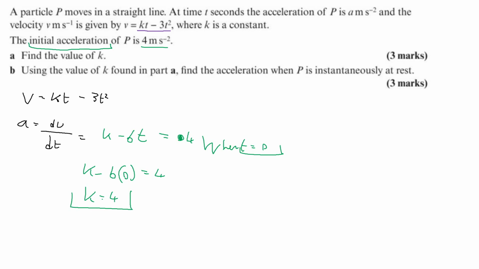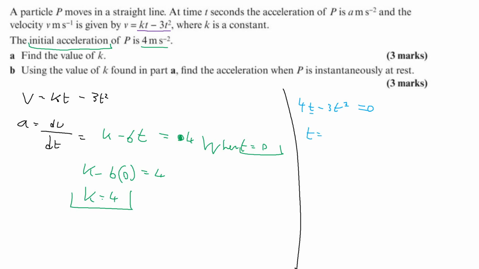For this one, all we need to do is say that, if we change the sides, 4t minus 3t squared is equal to 0. That means that we need to work out what t is.